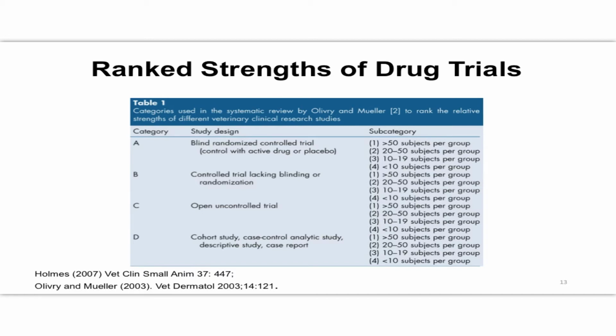And notice that the numbers of cases, here they have the highest level in veterinary subcategory would be over 50 subjects per group, middle 20 to 50, and lower 10 to 19, and the lowest less than 10 subjects per group. And that's true for all of these as subcategories.